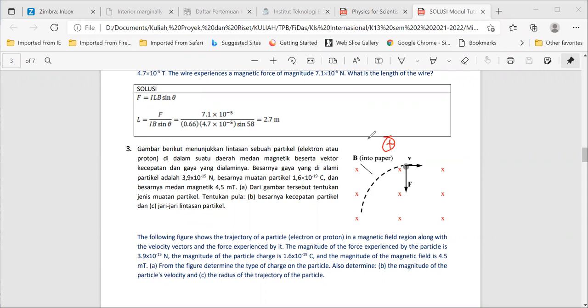So you will get that this particle should be a positive charge, okay. If the negative charge, the direction of the force would be like this. If the particle is negative charge, okay. Because this is consistent with our assumption, this should be a positive charge particle, okay.